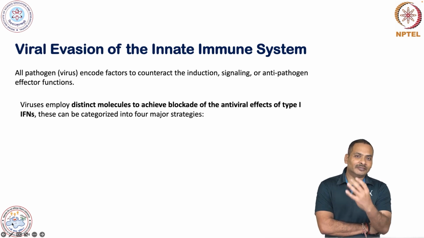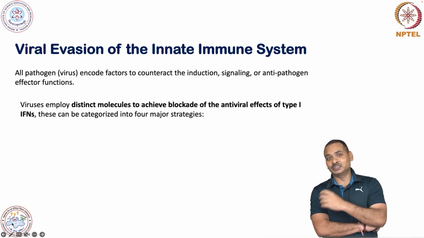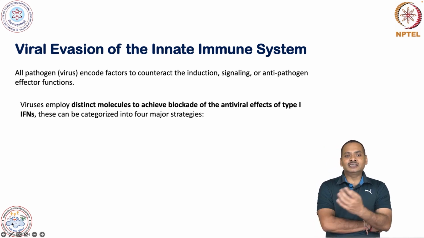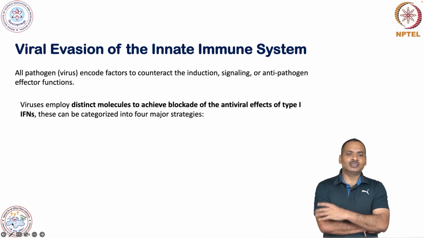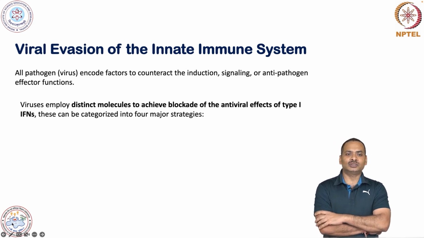So this type 1 interferon is doing that job. The virus must have developed some way to evade this interferon, and there are several ways by which they evade the type 1 interferon effects.